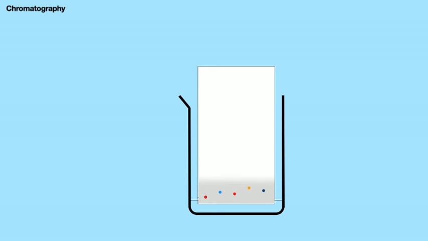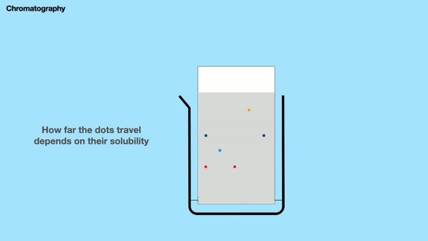And what will happen is that the water soaks its way up the filter paper, carrying the inks with it. Now, do you notice the one on the left there we started with, the black ink has separated out into two spots? Okay? Now, how far the spots travel depends on how soluble that colour of ink is.